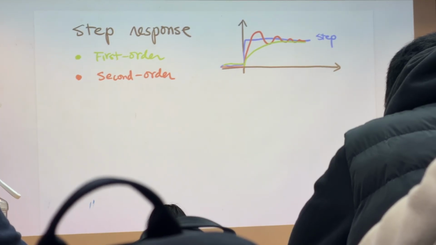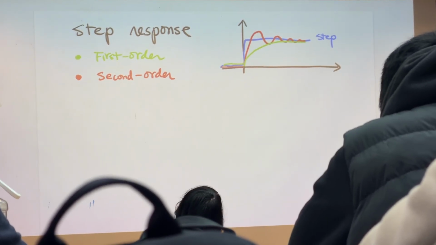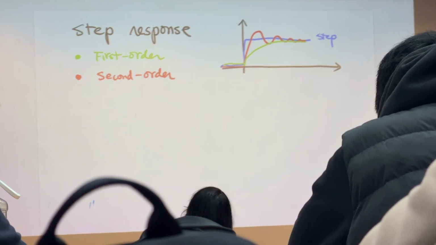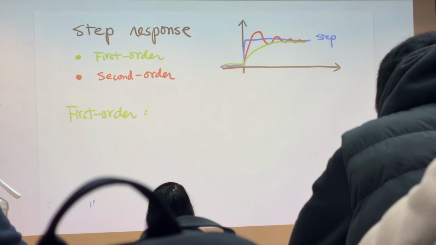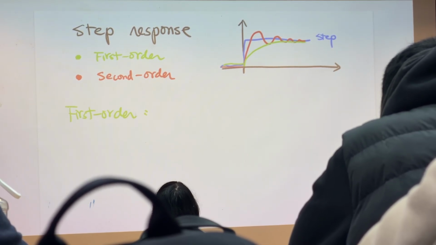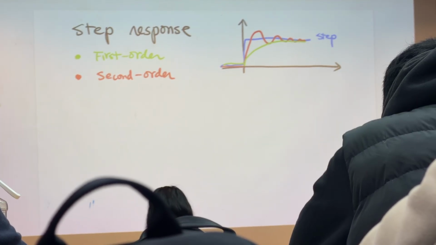And if we have a first order system, let's say, okay, let me put it down here. Remember the first order, let me use a different color here, because you won't be able to see clearly.